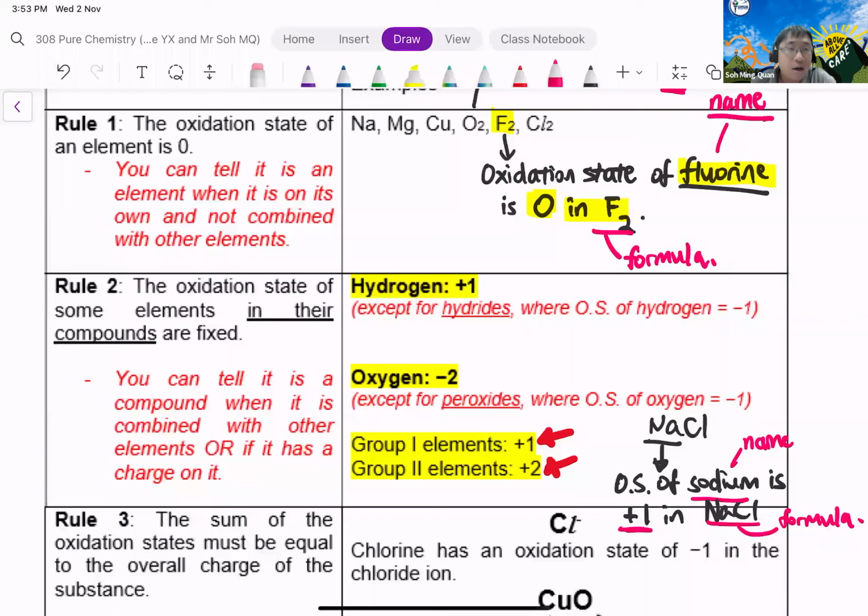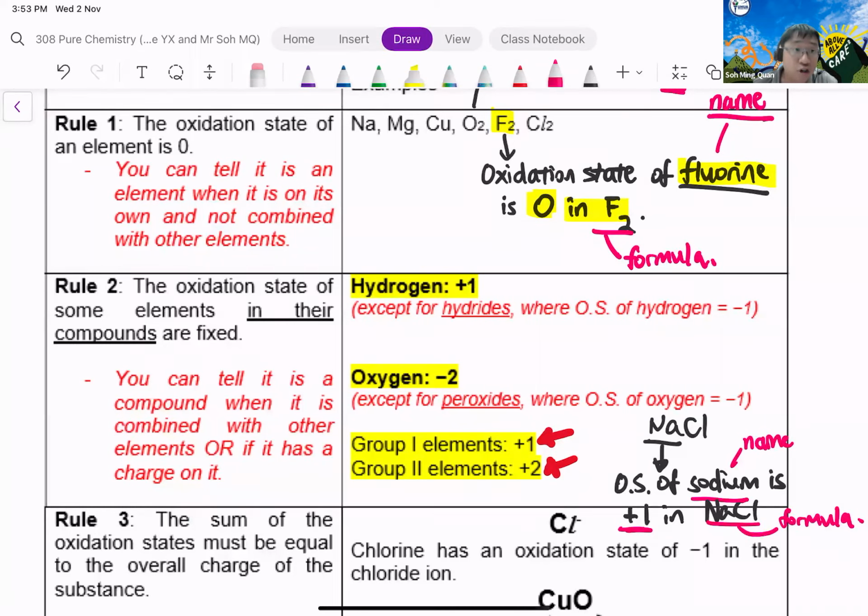Now, another useful set of elements to learn is hydrogen and oxygen. Hydrogen's oxidation state will always be +1 in its compounds. I'm not talking about H2. H2 is an element. I'm talking about hydrogen in a compound. So hydrogen will always be +1 oxidation state in its compounds.